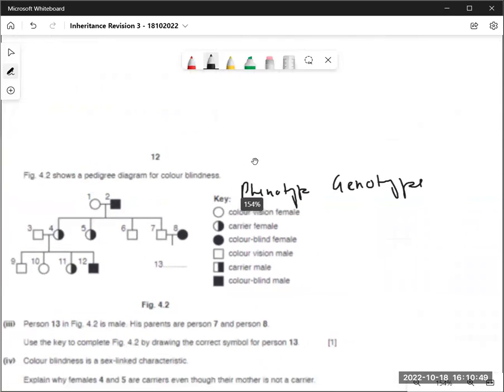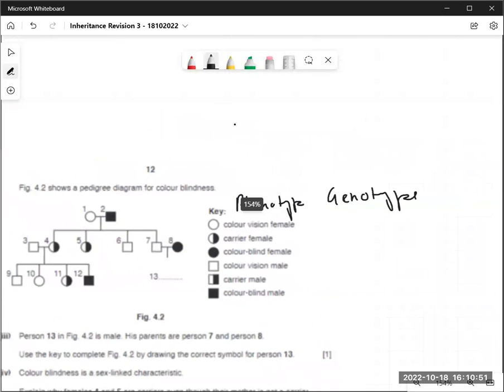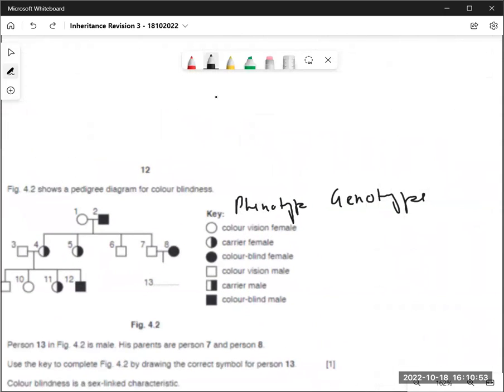If I give you some genes, let's say the genes are X, and H is for color blind.